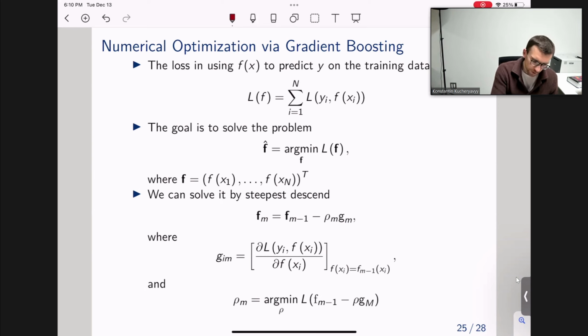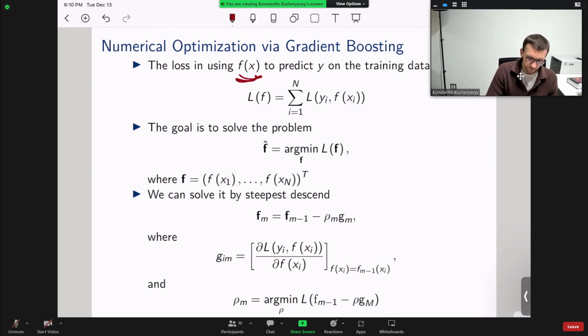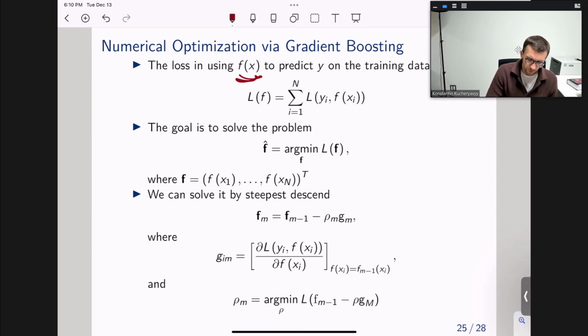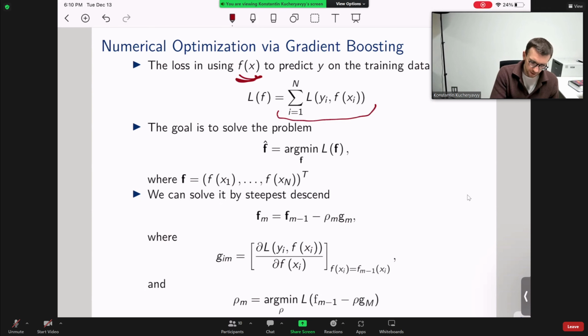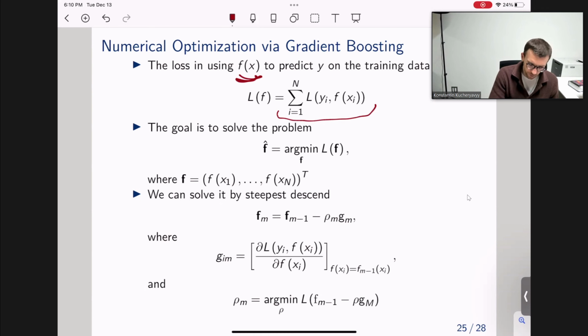So if we use some function f, any function f, to predict y on the training data, then this is our loss. Then what we want to do is to solve the problem of minimizing the loss with respect to this whole vector of f, calculated on the values in the sample.